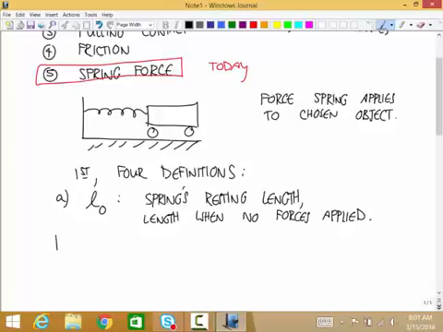The second one is what happens when you apply force to the ends of a spring. Well, it could stretch or it could compress, but the length is going to change. So we also need a current length, a deformed length of the spring. And the difference between those two is going to be important.